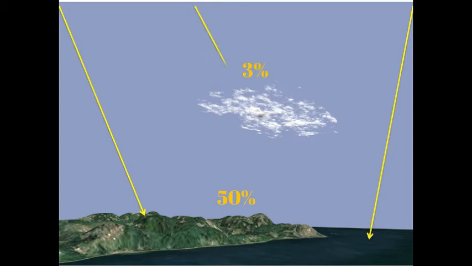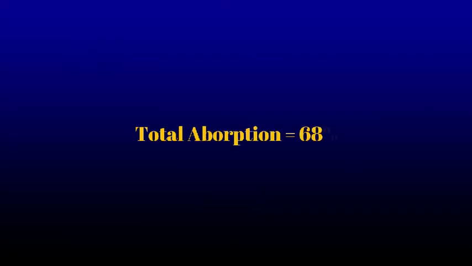Clouds absorb 3%. And dust and gases absorb 15%. The total absorption rate is 68% of incoming insolation.